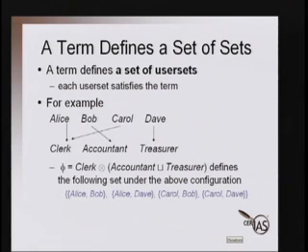One user is a clerk, and the other user can be either an accountant or a treasurer. In such a configuration, there are four sets of users that satisfy the term phi. So in this case, phi actually defines a set of four sets of users.